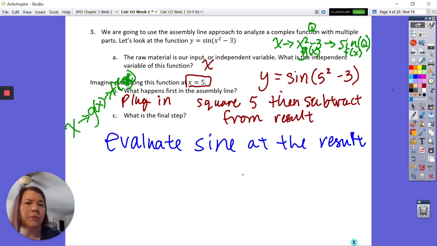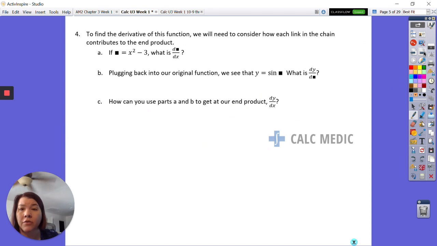All right, let's see what we can do with calculus now, because this isn't calculus. We're talking about other stuff. To find the derivative of this function, we consider how each link in the chain contributes to the end product. If black square equals x squared minus 3, what is the derivative of the black square?